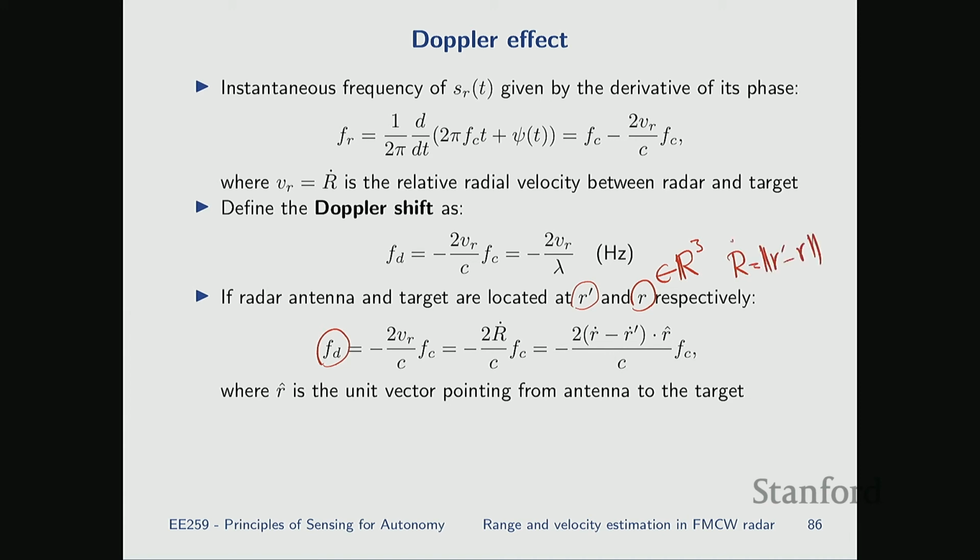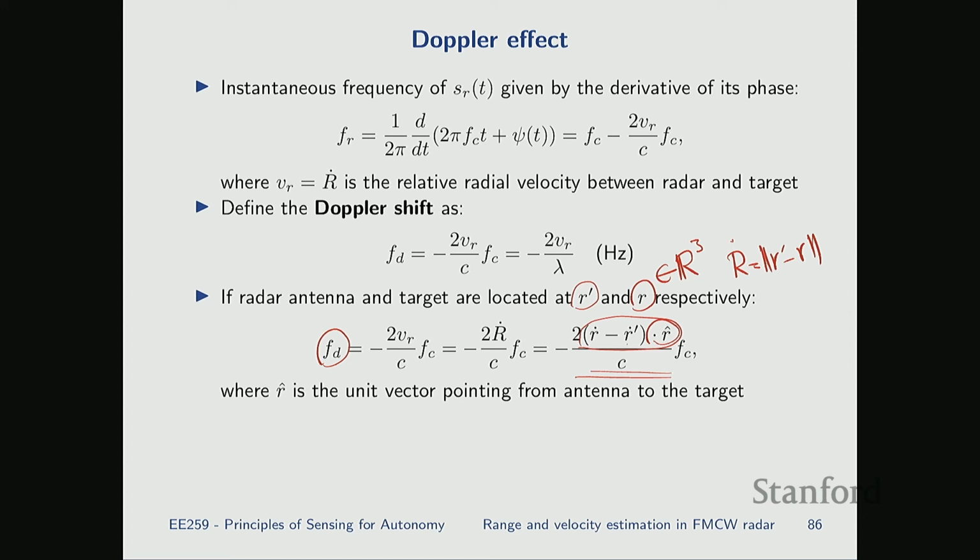So to calculate r dot becomes basically this expression here, which is little r dot minus little r prime dot, and then this dot product with r hat, which is the unit vector pointing from the radar to the target, basically projects r dot minus r prime dot into the radial direction, and that gives you the radial velocity.